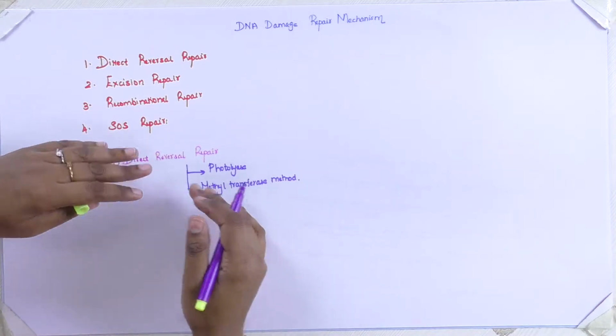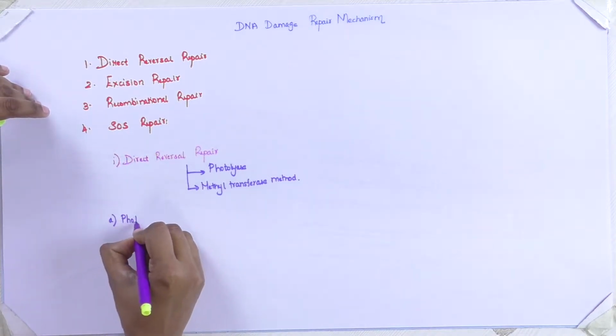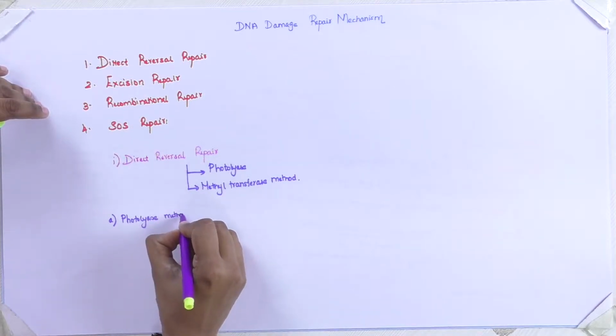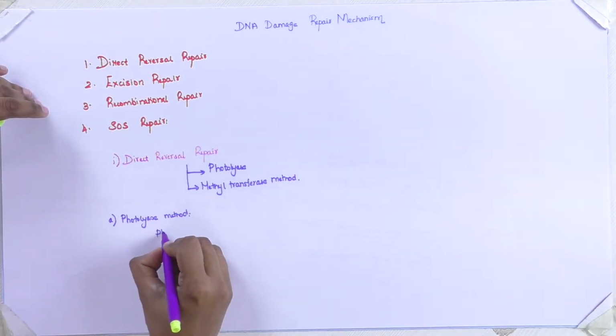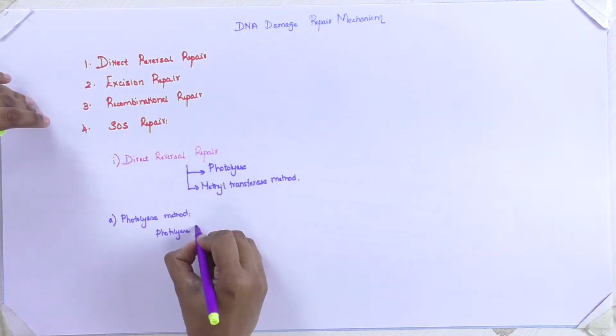So we are going to see how this works. The first method is the photolyase method, which comes under direct reversal repair. Under the photolyase method, you have the photolyase enzyme, which is the major factor for this reaction.